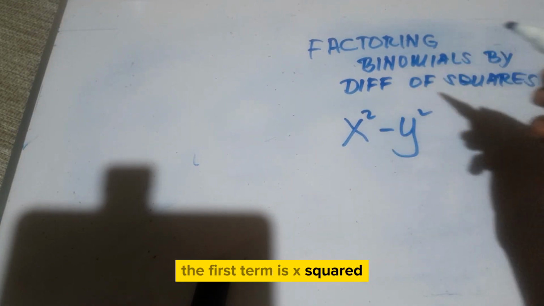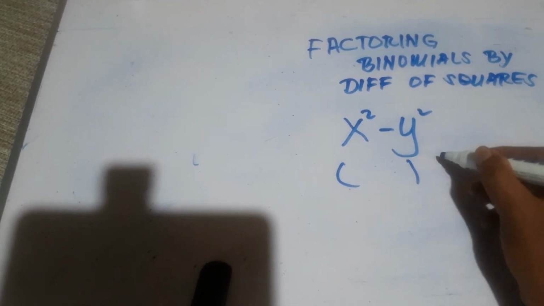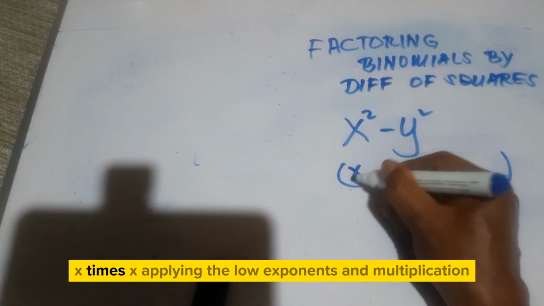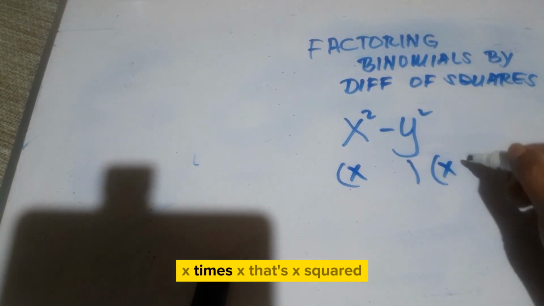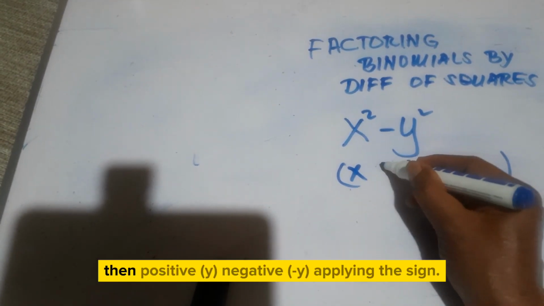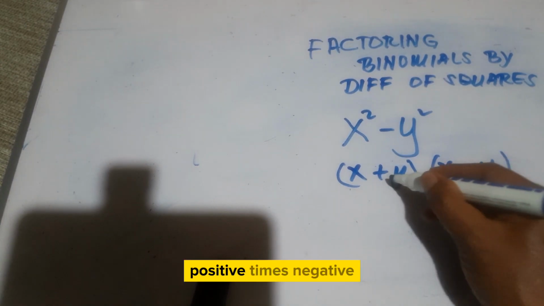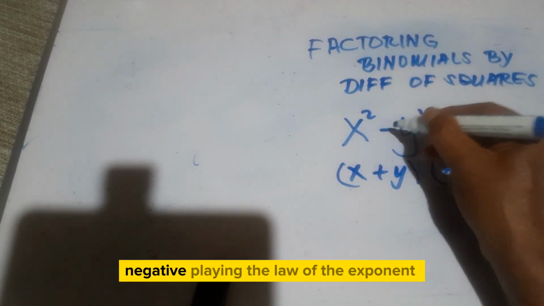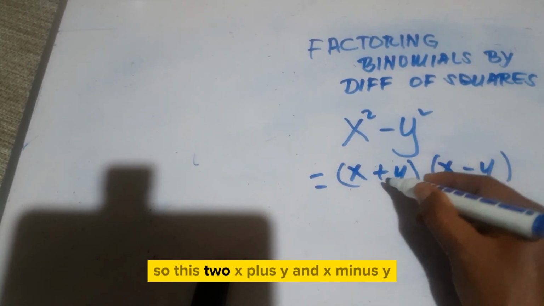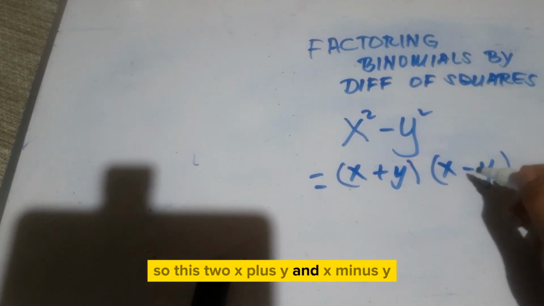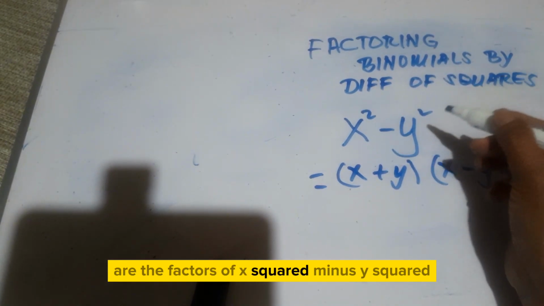The first term is x squared and the second term is y squared.